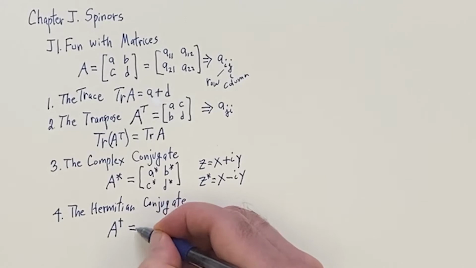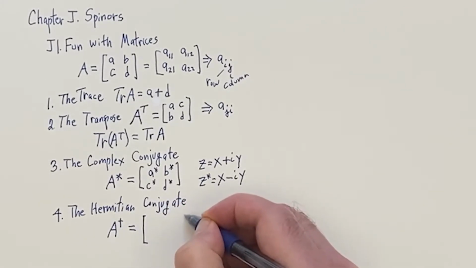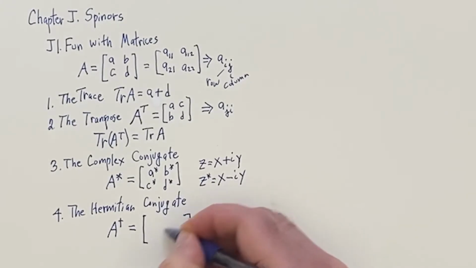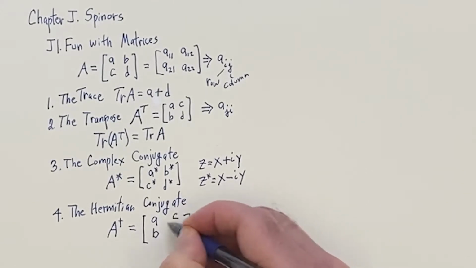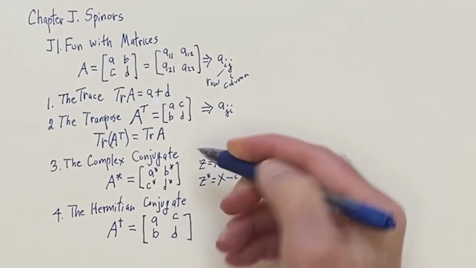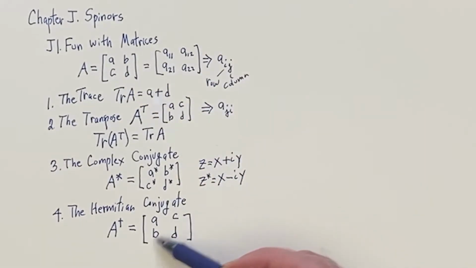So the dagger, what you do is you're going to do a transpose, you're going to swap the B and the C. So you have A, B, C, D. We're going to swap the B and the C. We're going to do a transpose.